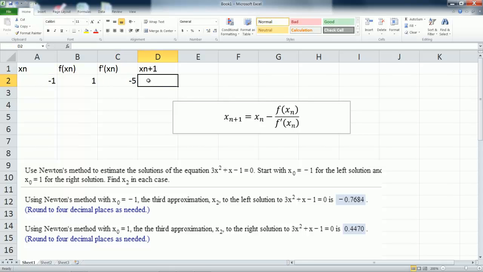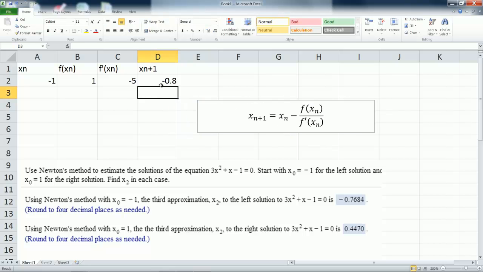And then to get my x sub n plus 1, this equals my x sub n minus my f of x sub n divided by my f prime. So all I'm doing is just clicking on these cells to have Excel calculate this for me. And I hit enter. And of course I can add decimal places if needed, but I'll do that at the end to see if I need to do that.